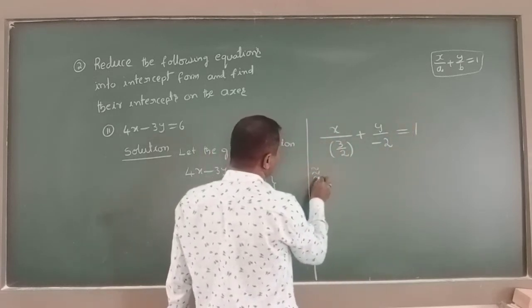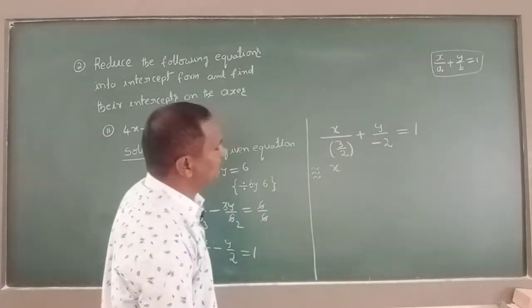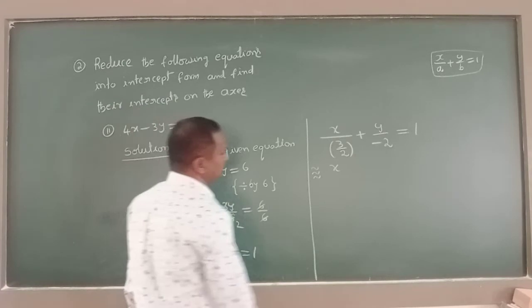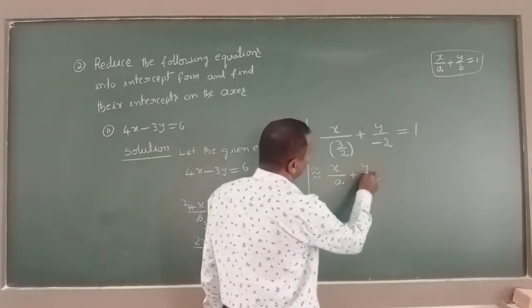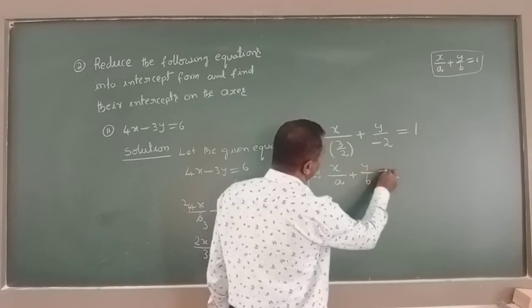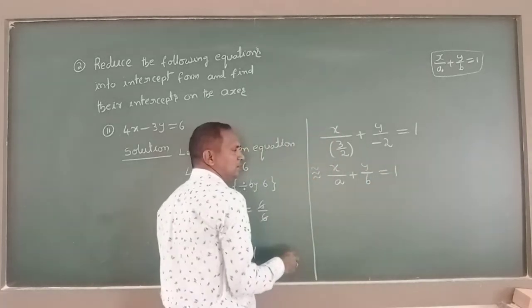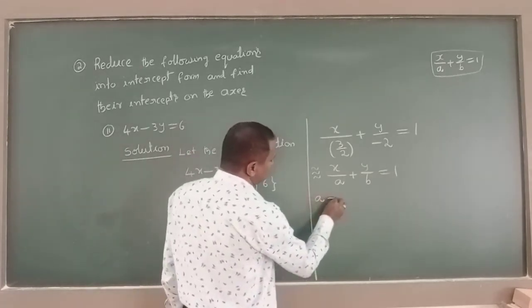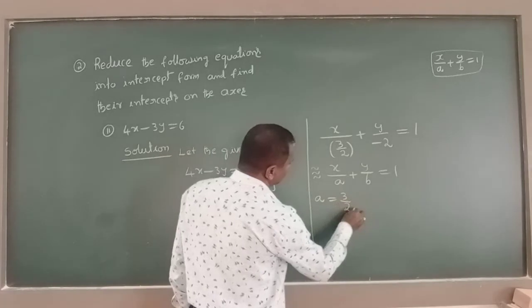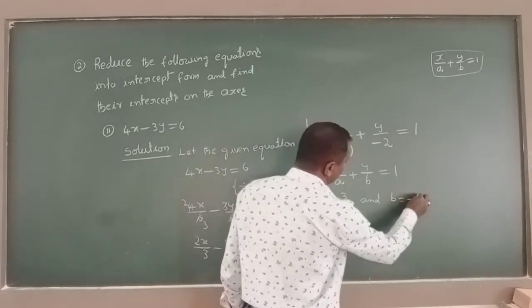Now comparing with the intercept form of the equation of a straight line, x by a plus y by b is equal to 1, we get the values of a and b like this: a is equal to 3 by 2 and b is equal to minus 2.